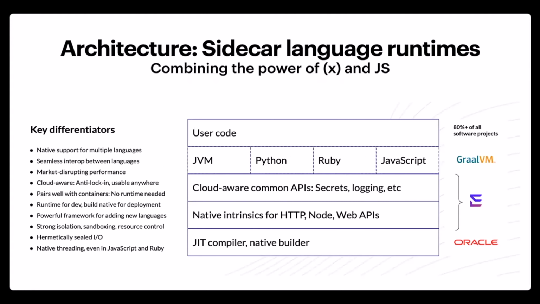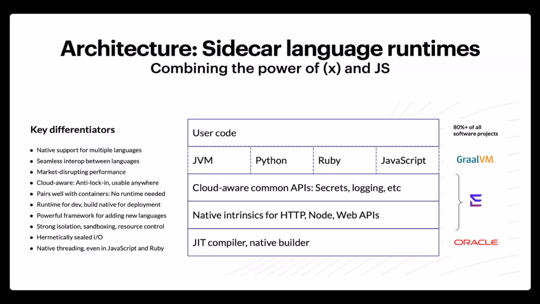So a bit about our architecture very quick. You'll notice there's a lot from Oracle here. Oracle's awesome, and they make amazing technology. We use a JIT compiler native builder from GraalVM, and the language implementation is provided by GraalVM. And we sort of occupy this space in the center where we provide the APIs and the native language intrinsics that you need to drop an app in.